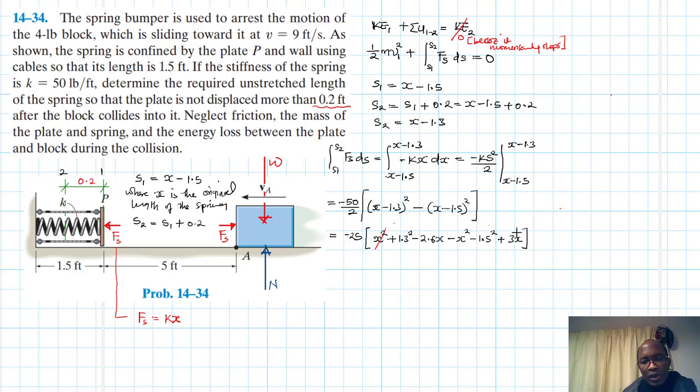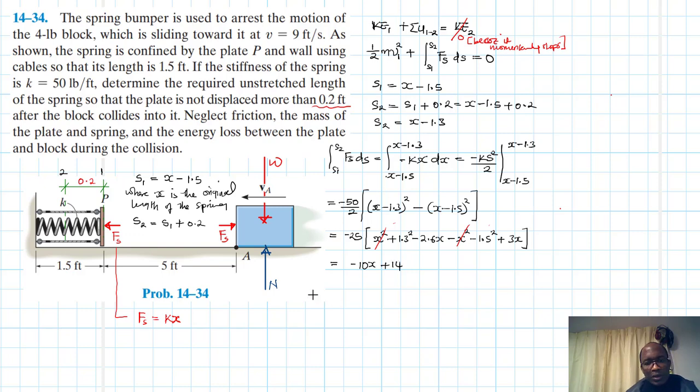So this and this go. Then let's work out the minus 2.6 plus 3 by 25, so this is minus 10x, and 1.3 squared minus 1.5 squared times 25 is a positive 14.